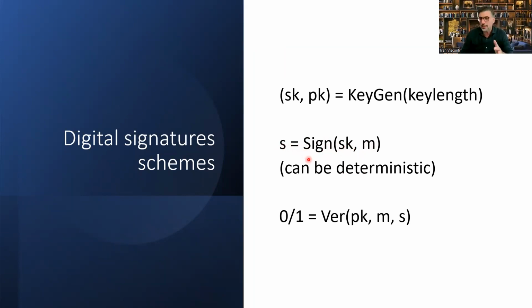It can also be randomized: some schemes provide a different signature of the same message each time you run the algorithm. Clearly, the key generation algorithm is randomized. And the verification procedure takes as input the public key, the message, and the signature, and outputs a bit, 0 or 1.